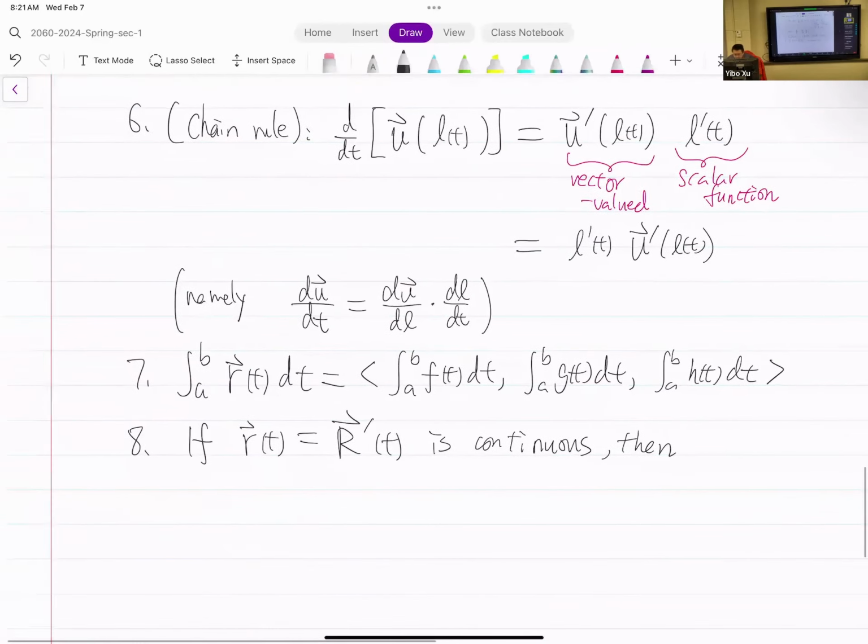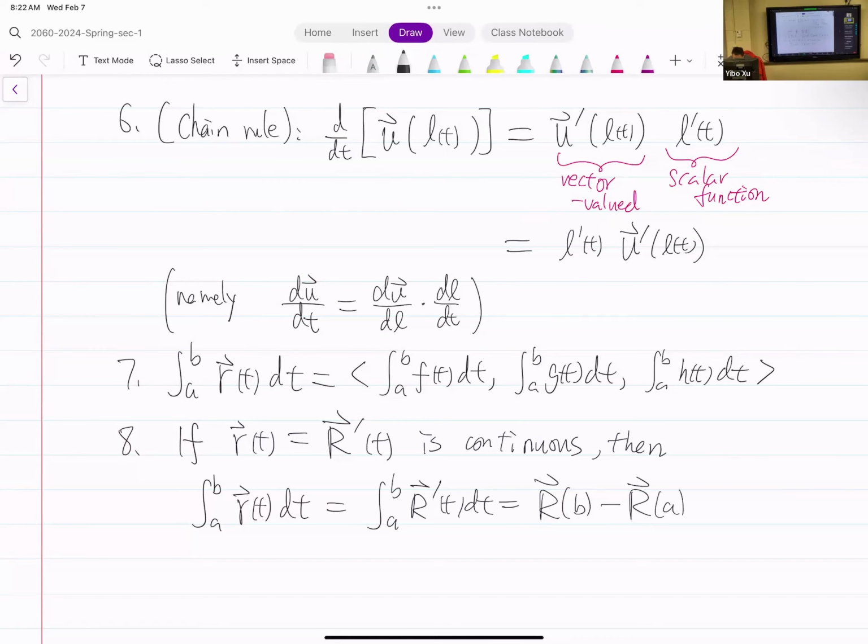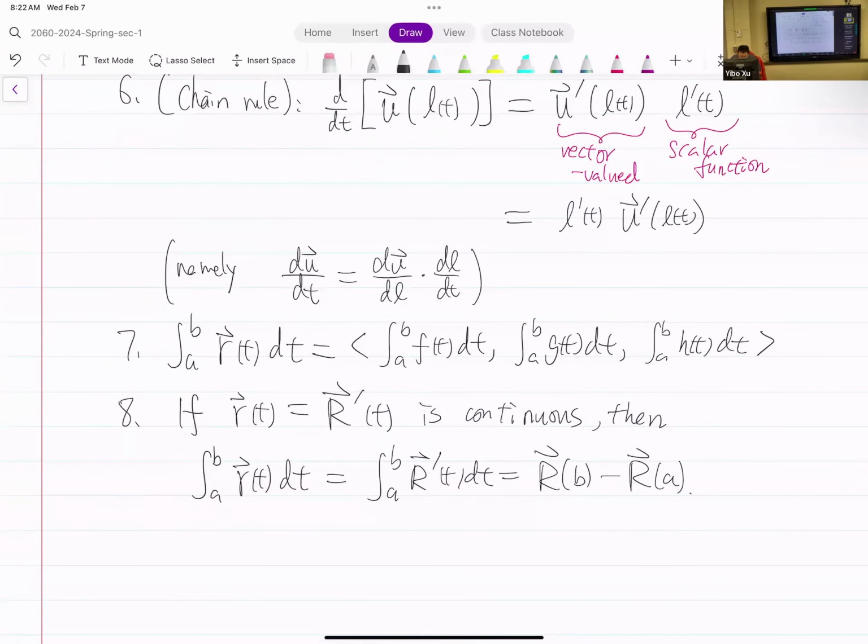It just means, if you know an antiderivative cap R, then you can just evaluate the antiderivative function at the endpoints of your interval. So from a to b, the definite integral of little r equals cap R evaluated at b minus the evaluation at input a. Okay, so this is the fundamental theorem of calculus.